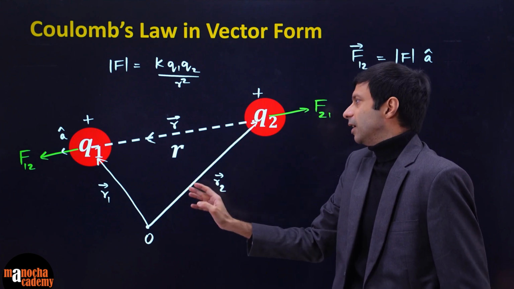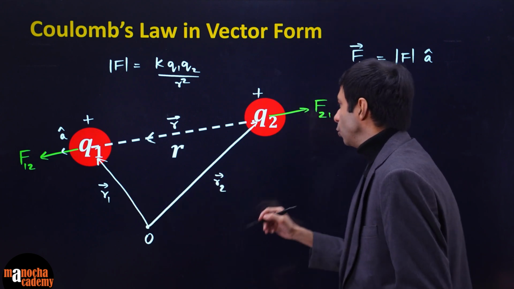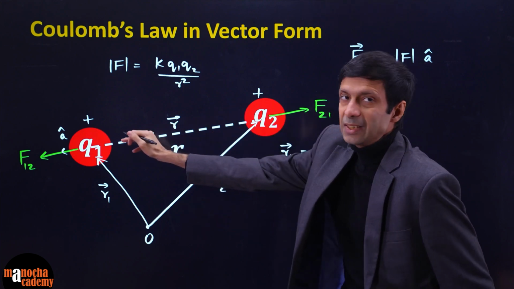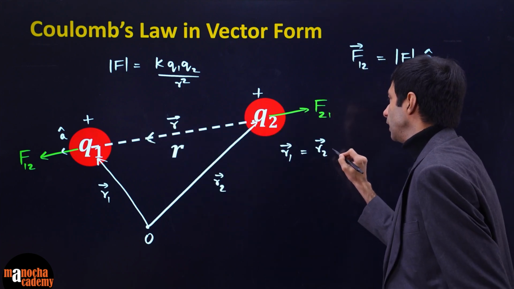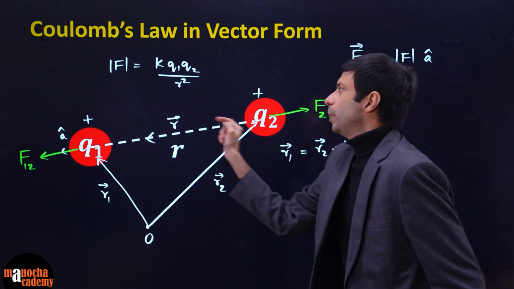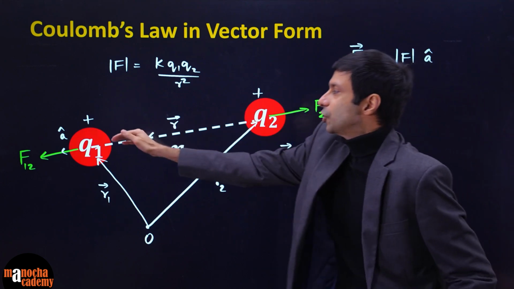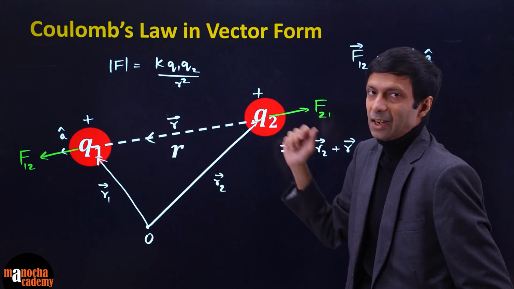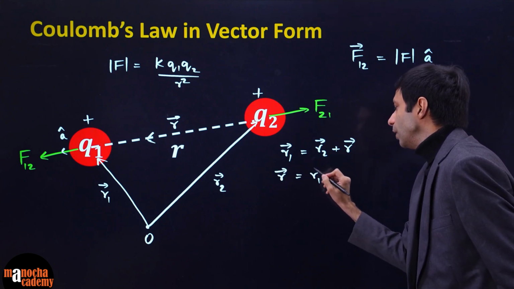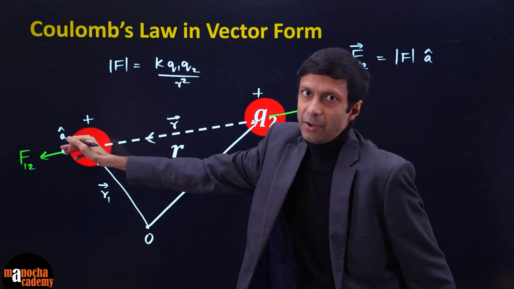Or, to get to R1, how do we get to R1? R1 is nothing but R2 plus R. You can go this way as well, right? The triangle law of addition. So R2 plus R will give you R1, or I can directly say that R along this direction is the final position R1 minus R2. Do you guys agree? R is nothing but R1 vector minus R2 vector. And which R am I talking about? In the direction of F12.